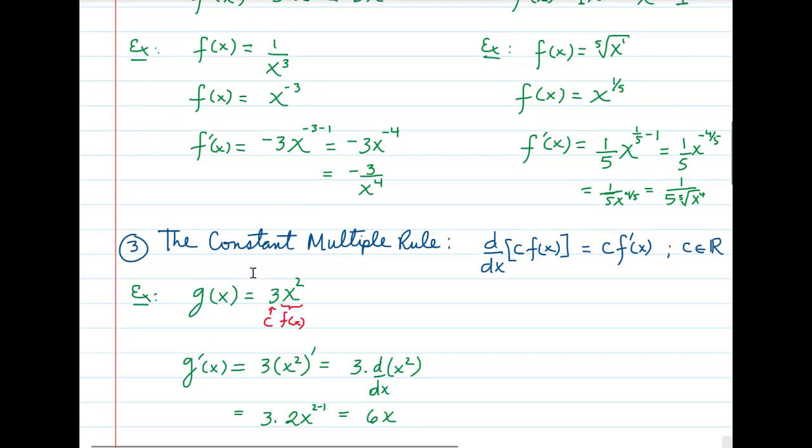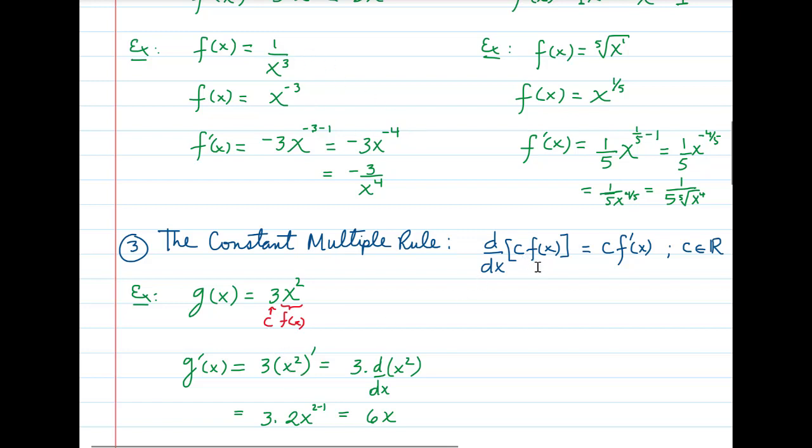Okay, so here's an example of the constant multiple rule. We have g of x is equal to 3x squared, and this 3 is acting as our constant here. So let's pretend our f of x here from the rule is x squared. We already know how to differentiate this function. It's a power function. Just from the previous rule, we can find the derivative of that.